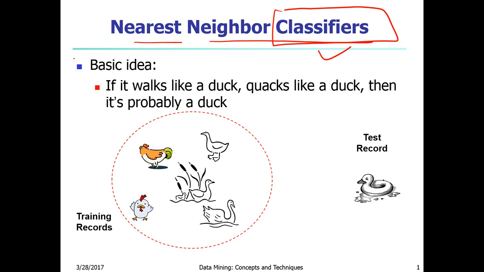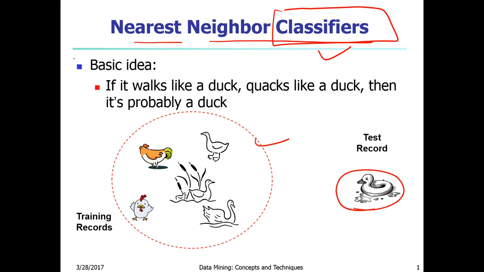That means, here is the picture and the idea goes like this. We have been given a picture and it looks like a duck, but we do not actually know whether it is actually a duck or not. So this is a training set. We have got different birds, and we just have to match how close this picture is with the given pictures.